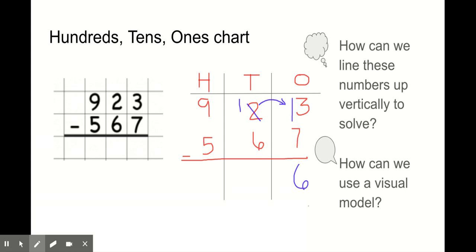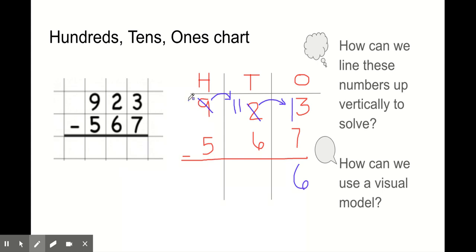Now I need to subtract my tens. Can I take 6 tens away from 1 ten? No, I can't. Instead, I'll need to borrow from the hundreds. If I move 100 over here, then I get 11 tens.